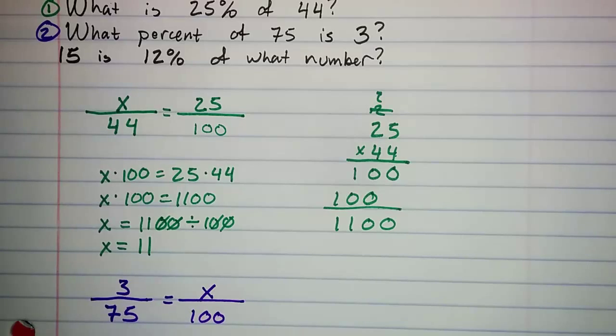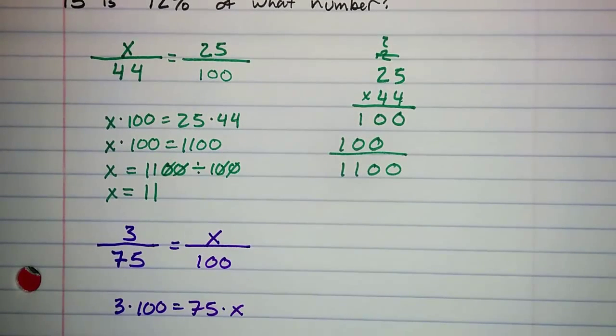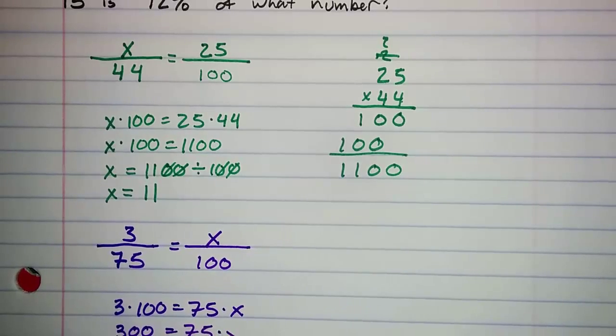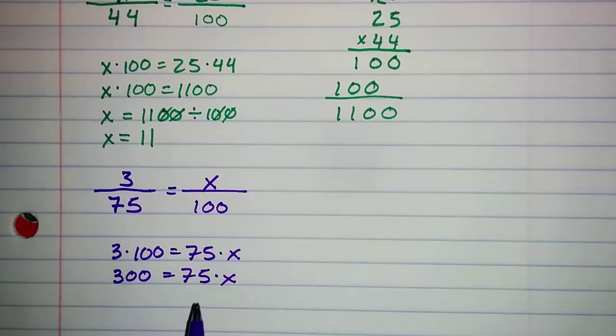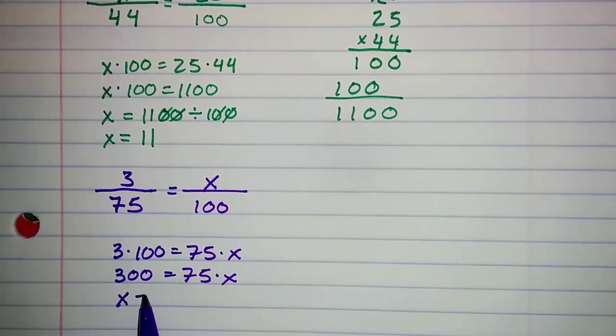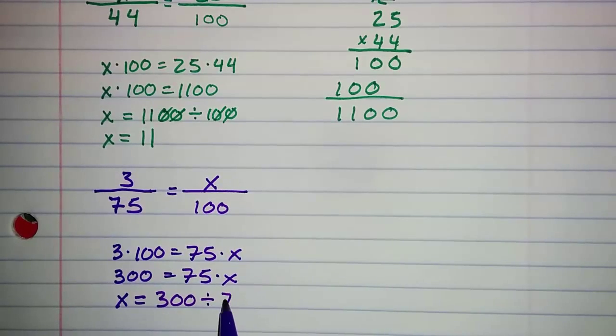Cross multiply. 3 times 100 is 75 times X. 3 times 100 is 300. What times 75 gives me 300? That's the same question as what is 300 divided by 75.